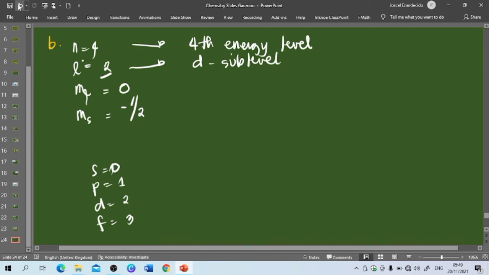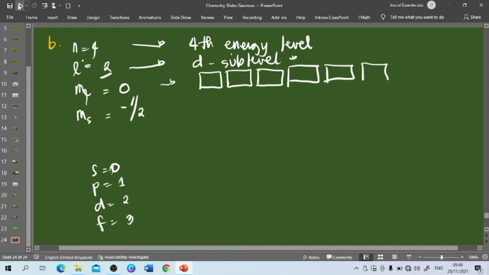Now, from this information, we can conclude that there are 5 degenerate orbitals in this D sublevel. So therefore we'll draw 5 boxes in here. These are what we call the orbitals, which are used to draw the orbital diagram of electrons. The value for D ranges from -2 to +2.